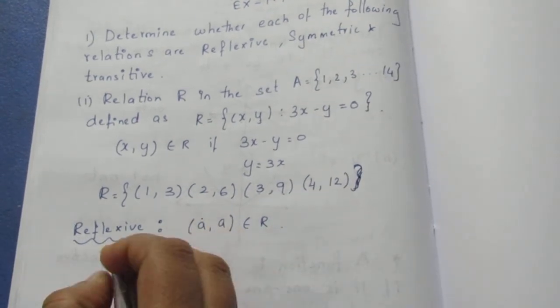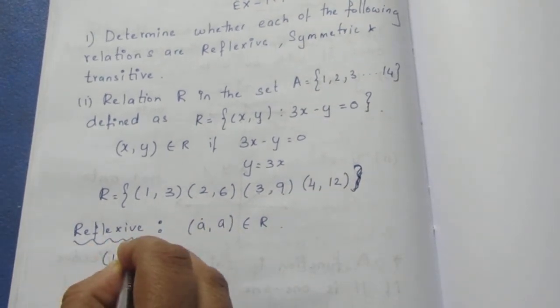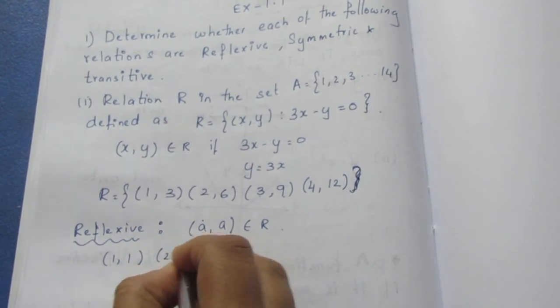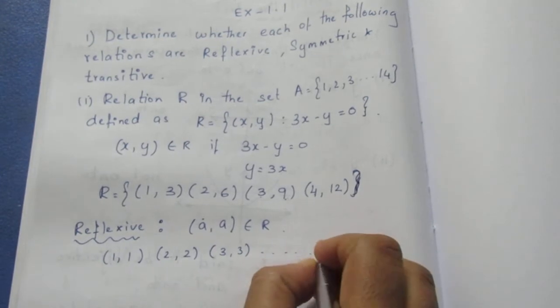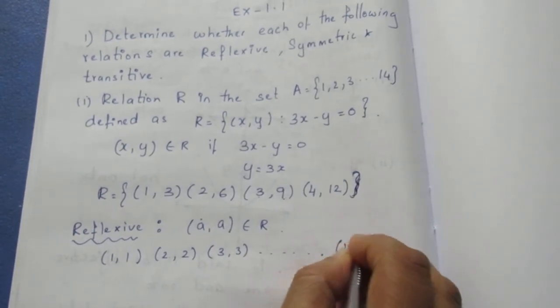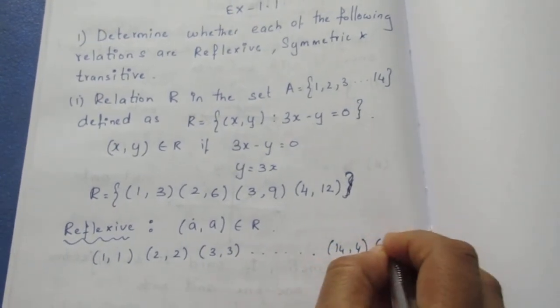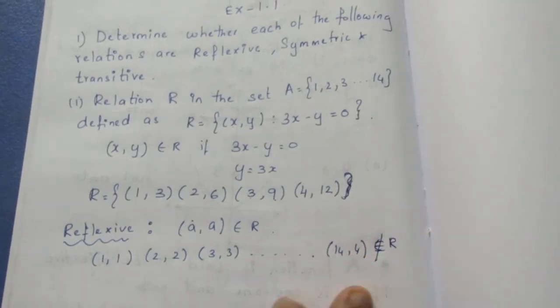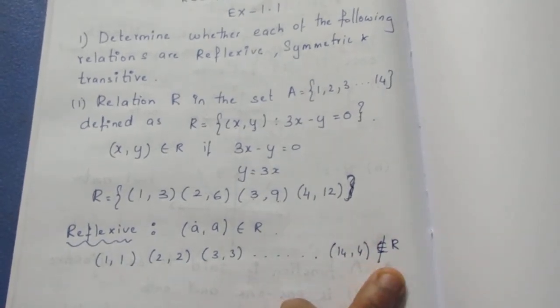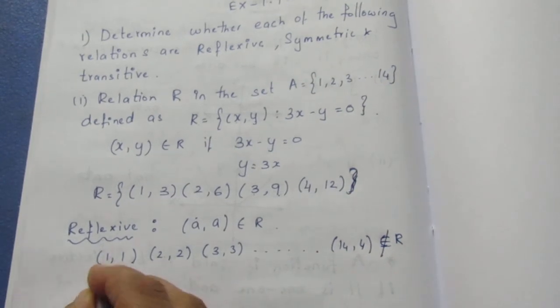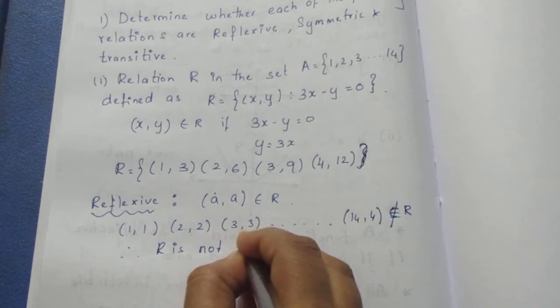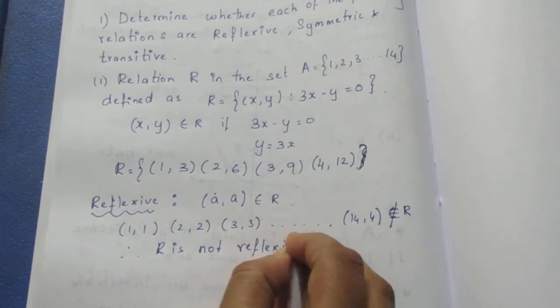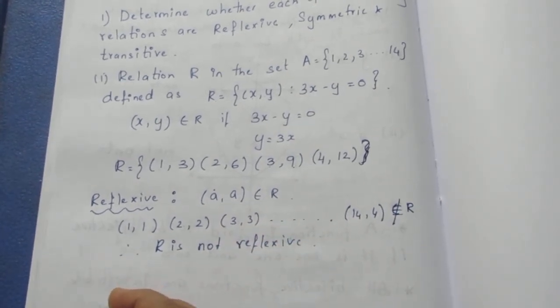According to this, 14 comma 14 does not belong to R, therefore R is not reflexive.